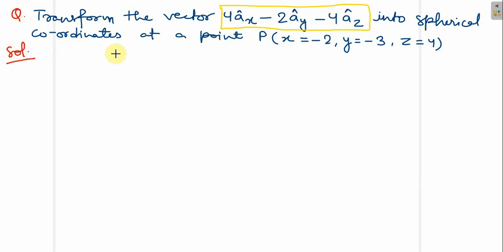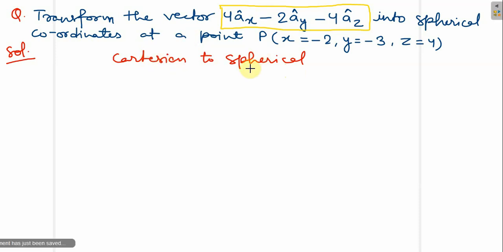The solution is, we need here Cartesian to spherical. In the previous numerical we had the spherical to Cartesian transformation. Now in this case, it is given in ax, ay, az, which means it is given in the Cartesian system and we have to convert it into spherical coordinates. So a Cartesian to spherical transformation is required.